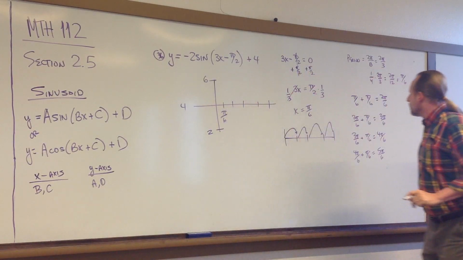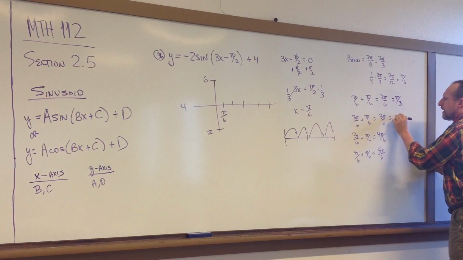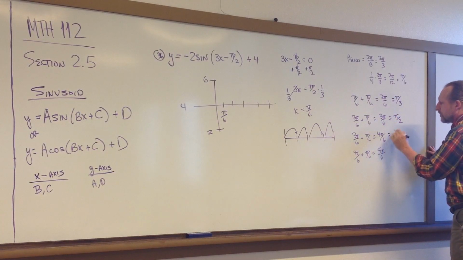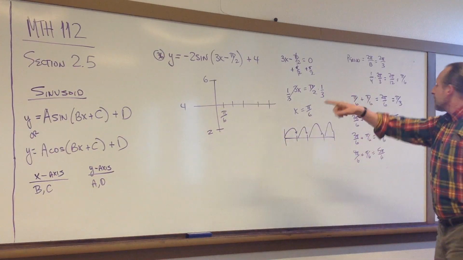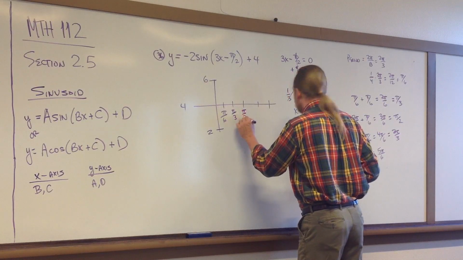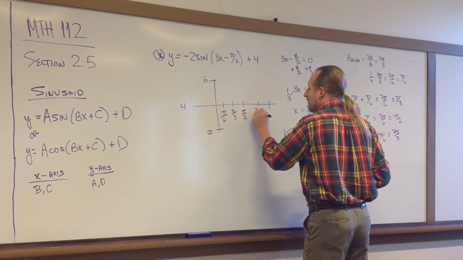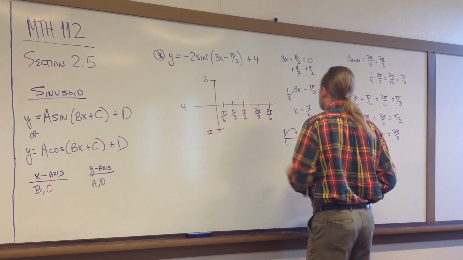A couple of these need to get reduced. 2 pi over 6 is pi over 3. 3 pi over 6 is pi over 2. And that one is 2 pi over 3. So we start at pi over 6, and then we go pi over 3, pi over 2, 2 pi over 3, and 5 pi over 6.